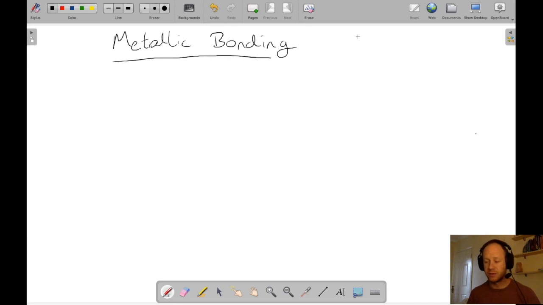Metallic bonding has a few idiosyncrasies. There's things that make it very, very different to the sharing of electrons in covalent bonding and that kind of ripping away of electrons in ionic bonding. And so metallic bonding is very, very different to those things.